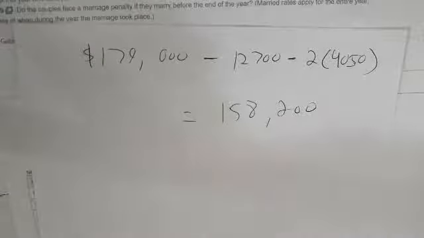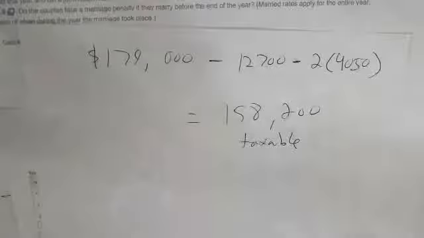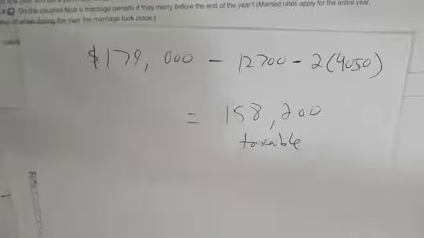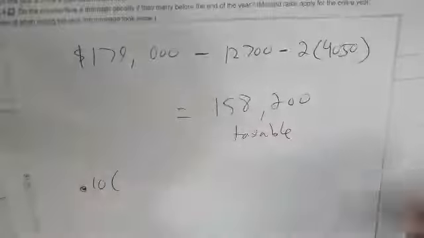All right. And so this is the taxable income that I'm looking at to take to the table. I want to take this to the table. I want to take 10%. And now my brackets are going to be different on the married filing jointly.